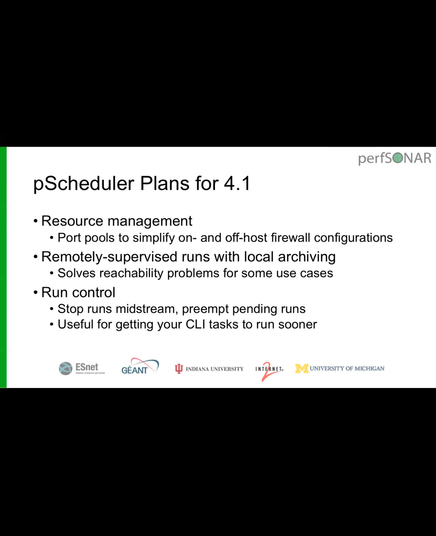As things stand now, we sort of say, this test uses this port or this range of ports, and it just becomes really difficult for people with firewalls to keep up. So what we'll be doing is developing something where we have pools of TCP and UDP ports that each of the tests can draw from at runtime, so that once you've configured what the pool is going to be, like what the port range will be, you configure your firewall once, and everything will stay within those confines.